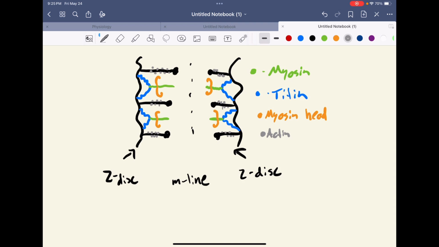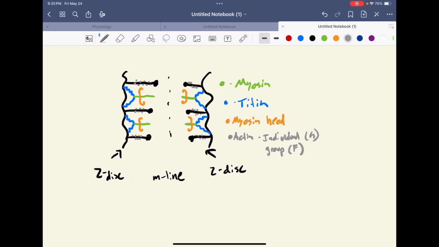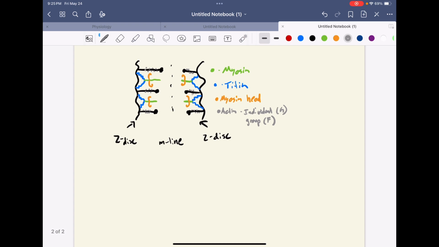These individual are the G actin, so individual is G, and the group that's wrapped around in the helix is F actin. So that is what a sarcomere is built out of.